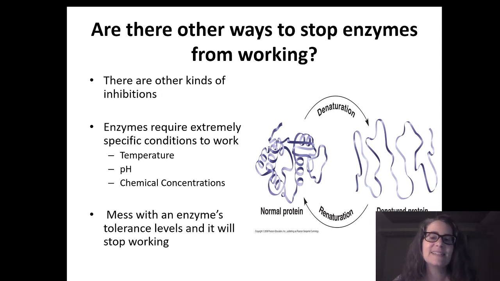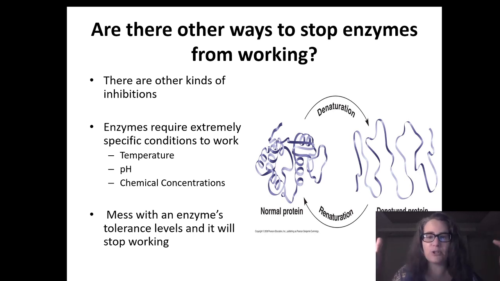Are there other ways to stop enzymes? And the answer is yes. There are other kinds of inhibition systems, like allosteric enzymes, which often have many different kinds of inhibition sites and even some promoter sites. A lot of the human enzymes work this way so that you get a range of functionality. You get some speeds that are very, very fast when you need something very fast, and then medium speeds, and then even the point of stopping an enzyme altogether.